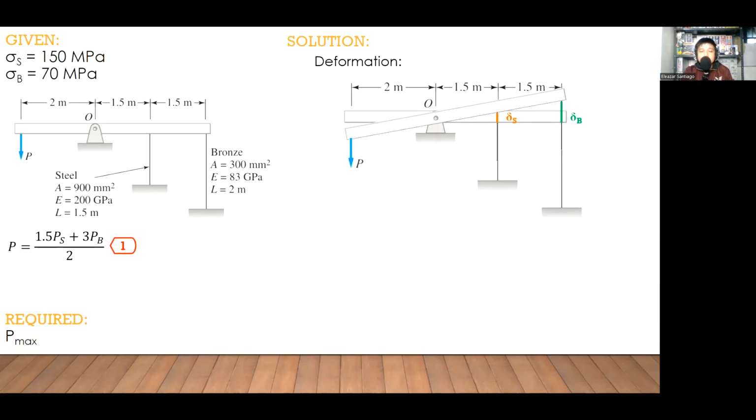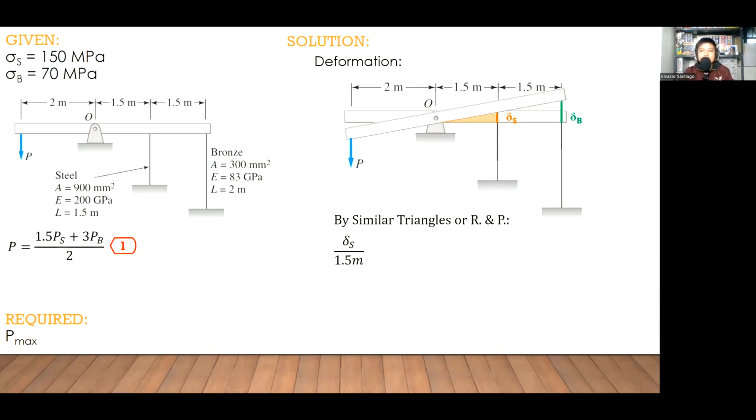So for the analysis of the deformation, we can analyze this by means of similar triangles or by means of ratio and proportion. So let's take first the side of the steel material or steel rod. If we take this as our sample working triangle, the orange triangle, and our ratio is in the form of the height over the base, then the first ratio will be our deformation for the steel, delta S, divided by its base, which is 1.5 meter.